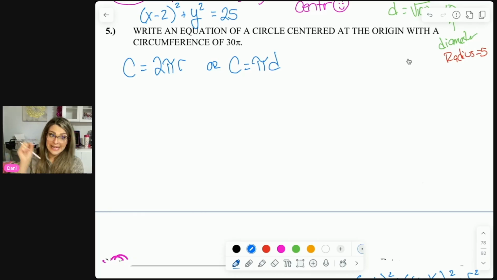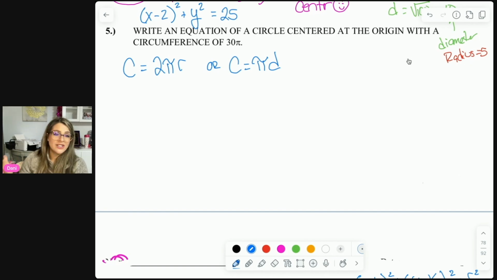These mean the exact same thing because 2 times radius, 2r, is the length of your diameter. Depending on the information given, one makes more sense to work with than the other. This is saying our circumference is 30 pi.